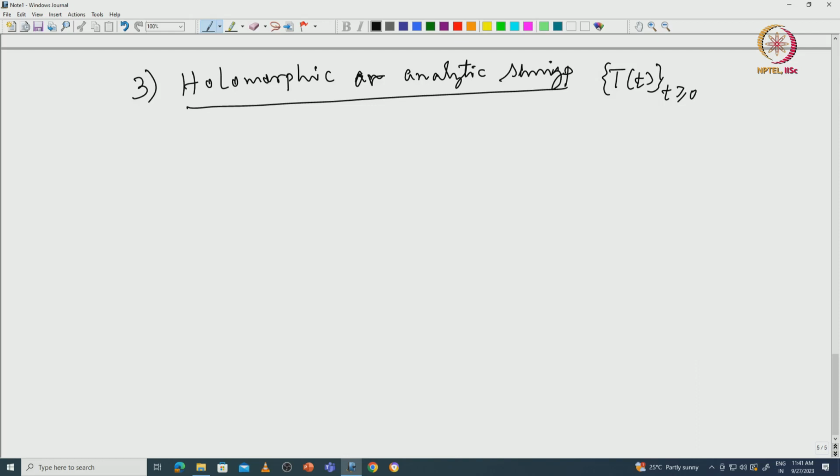One important property I would like to say about these holomorphic semigroups, and in fact, the semigroup generated by the heat equation had this property. So we have seen that.